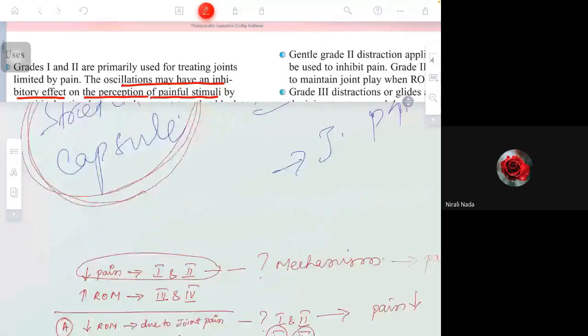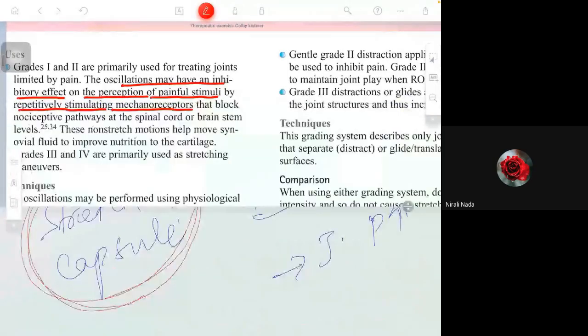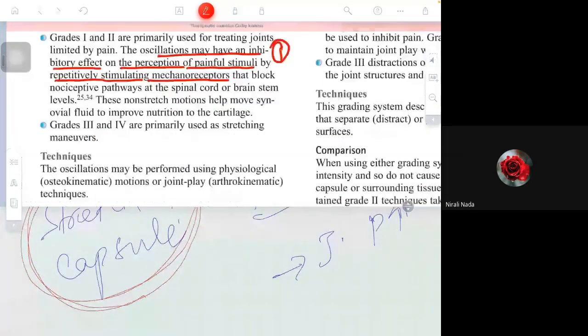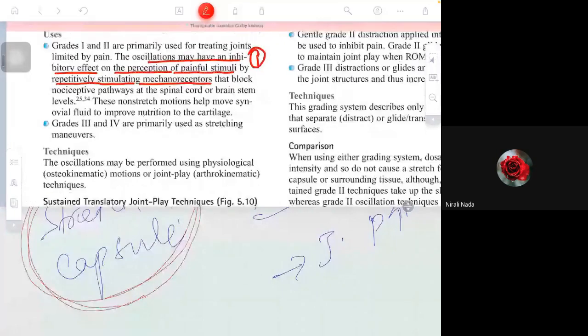And second reason, this is first reason why pain is reduced. Second reason is from here to here. This is second point. So this non-stretch motions, why it is called non-stretch motion?